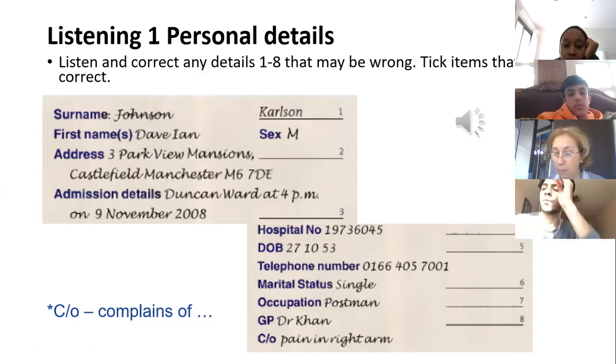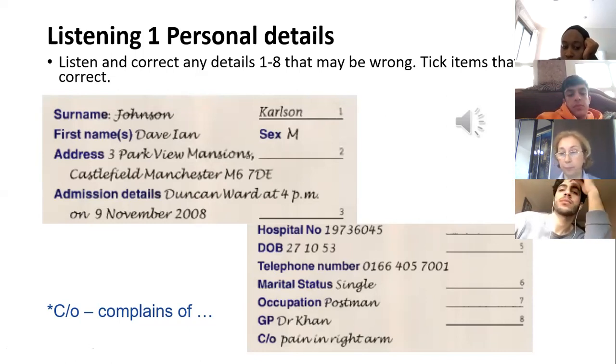I'd like to check some information about your personal details, if I may. Okay. Can you tell me what your family name is? It's Carlson. Carlson. And your first name? It's Dave. Any other names? My middle name's Ian. Okay, that's male. And can you tell me what your address is? It's 3 Parkview Mansions, Castlefield, Manchester, M6 7DE.